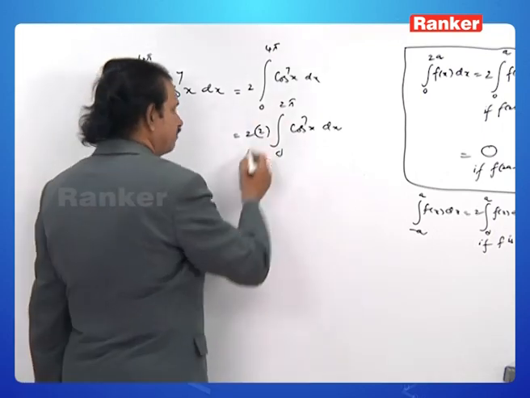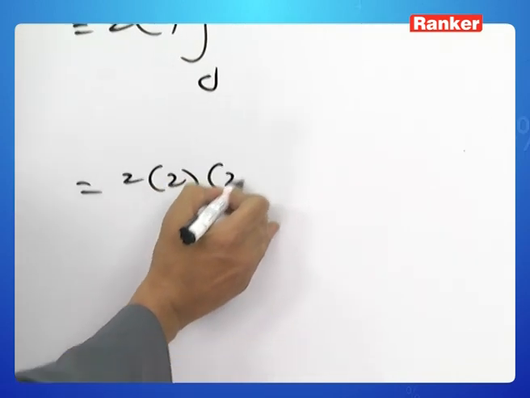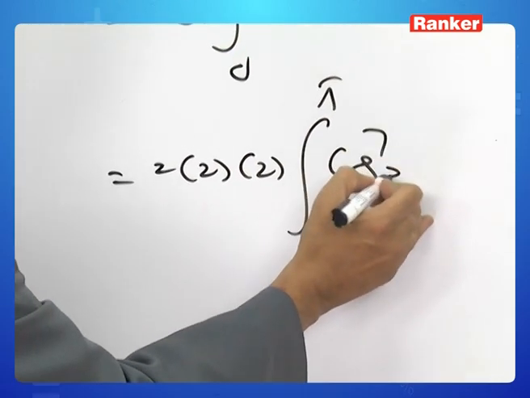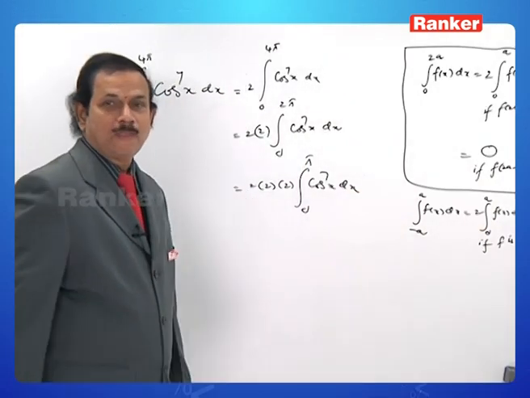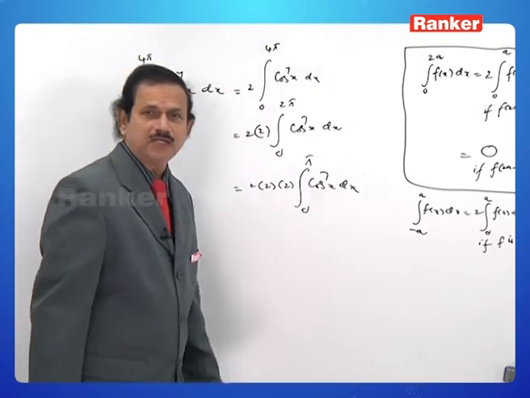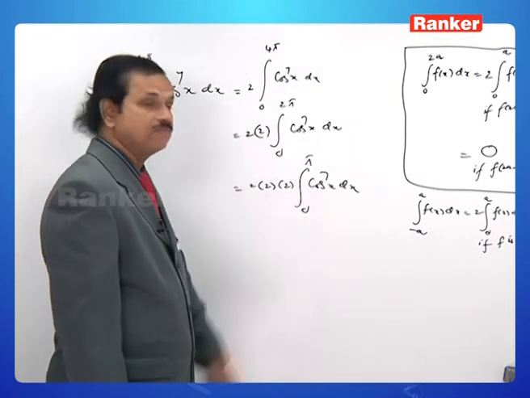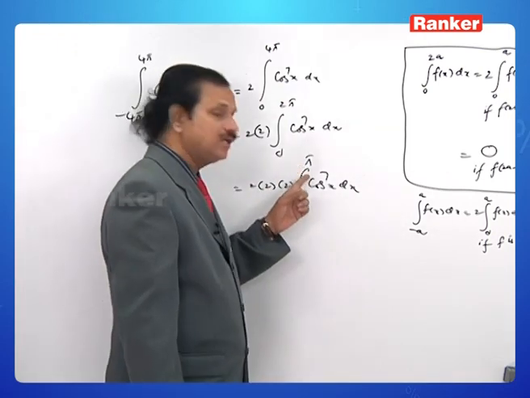Hence we can pull one more 2 out. 2 into 2 into 2 into the integral 0 to pi of cos power 7x. Again, at this juncture also, we are supposed to apply that box, that formula. In the place of 2a, what are you having? Pi.